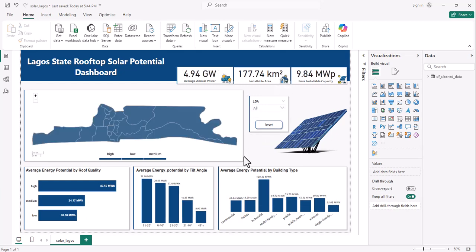So, this project, as I said earlier, focuses on renewable energy, of which solar energy is one. Any stakeholder or business that wishes to make a data-driven decision can simply use this as a guide or as a starter for their projects.